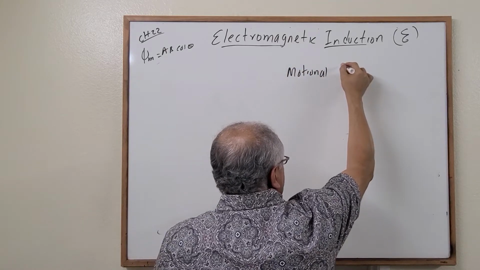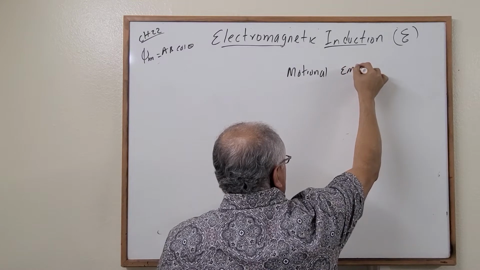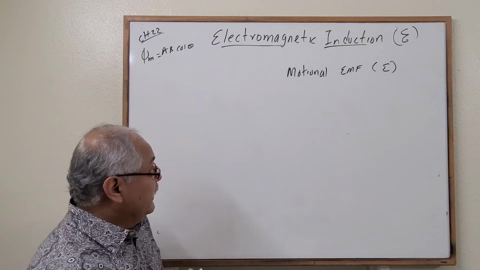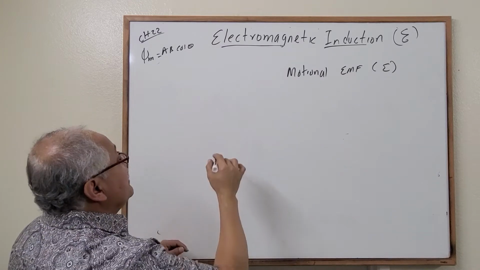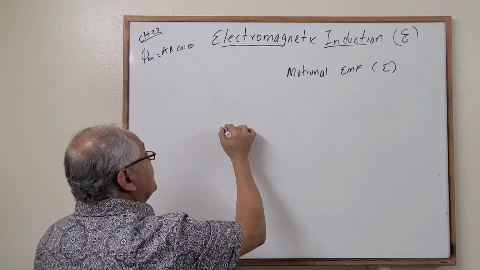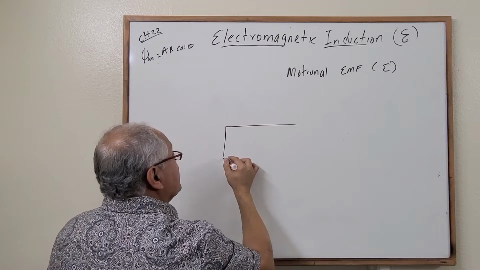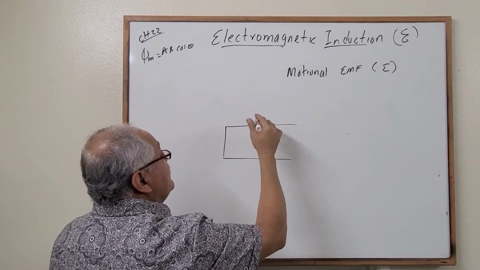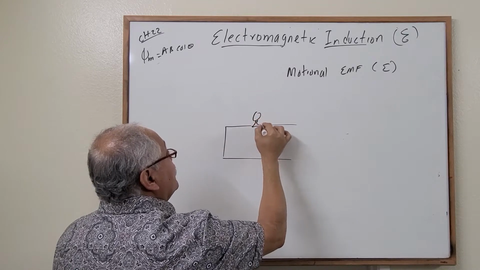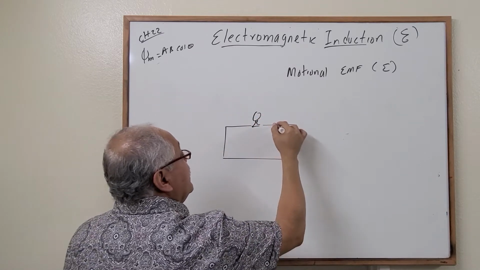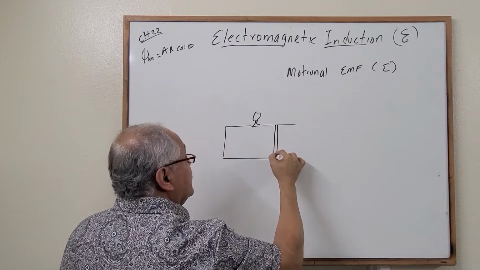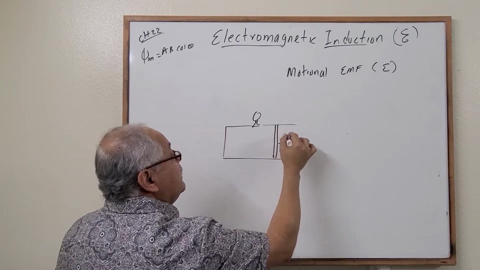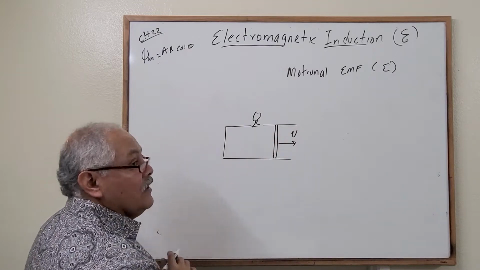Perfect. Imagine that we have a conductor right here, and as a reference, we use this lamp as a resistor right here. And we have another conductor that moves, right? It slides through this wire, moving with some velocity.